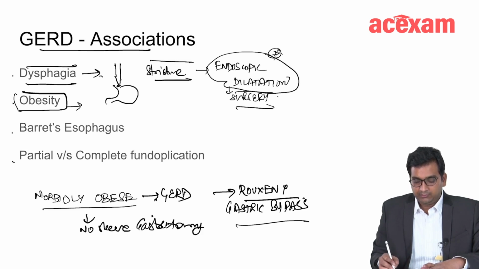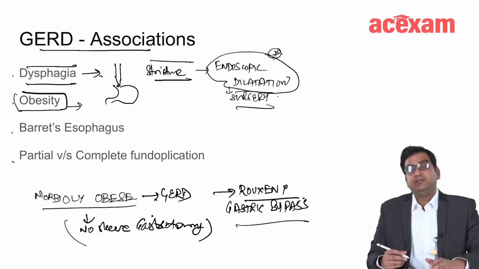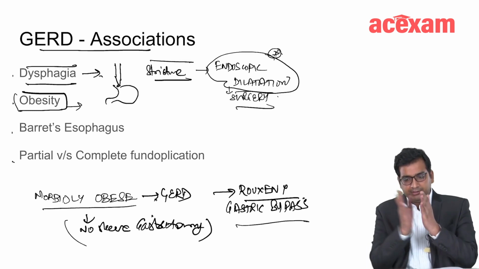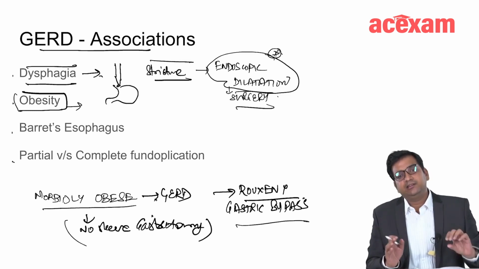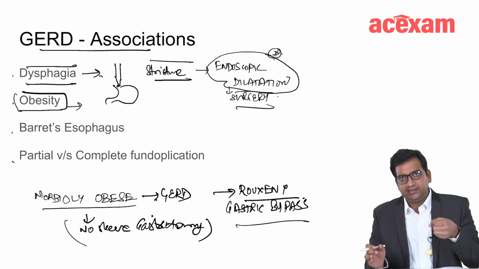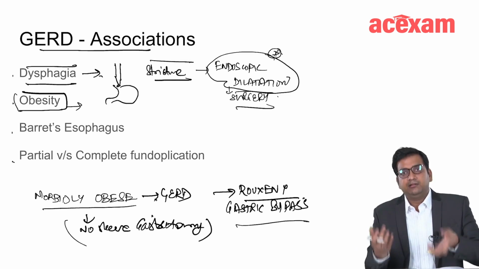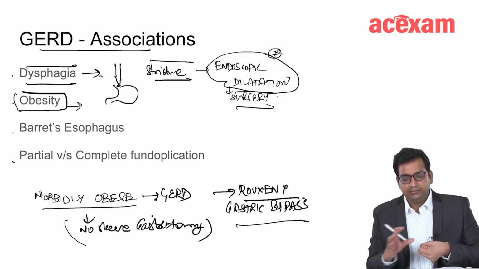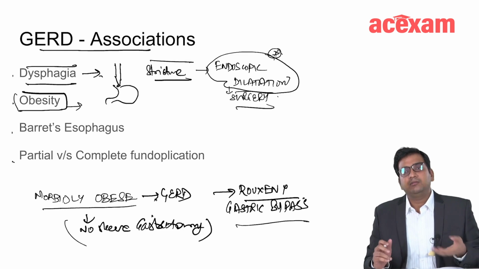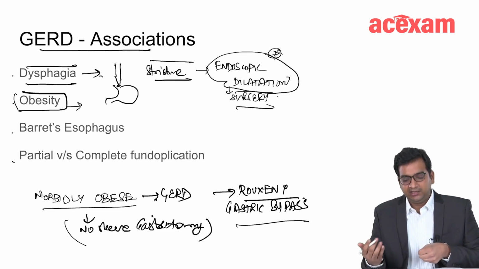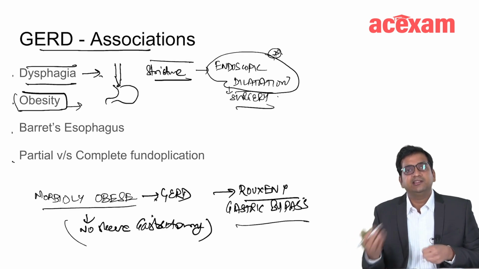Why? Because in sleeve gastrectomy, there is an increase in the pressure of the tube because the tube is narrow, and distally there is the antrum and pylorus, which also act as another way to increase the pressure. The tube is small and there is a narrowing at the lower end, which is the normal antrum and pylorus. So there will be increased pressure, and it is a refluxogenic procedure. It increases GERD.